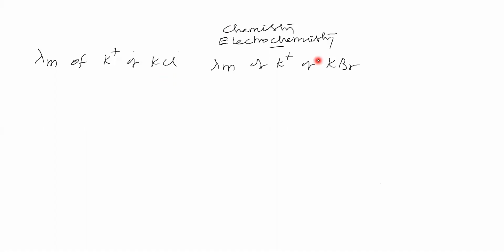If you take KCl solution, this contains K plus ions and Cl minus ions. K plus ion contributes a certain magnitude towards conductivity, towards molar conductivity. That contribution is called lambda m of K plus. Similarly, Cl minus contributes a certain conductivity, that is called molar conductivity of Cl minus.